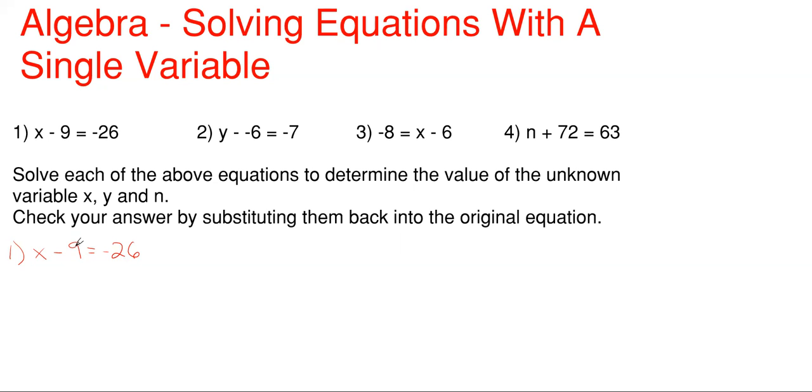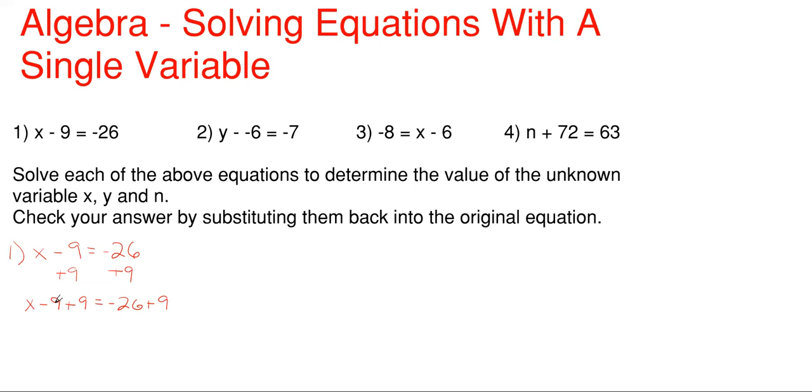So what we're going to do is make this 9 disappear from the left side and move it to the right side. Since it is negative 9 here, I'm going to add 9 to each side of the equation to get rid of the 9 from the left side. So we have x minus 9 plus 9 equals minus 26 plus 9.